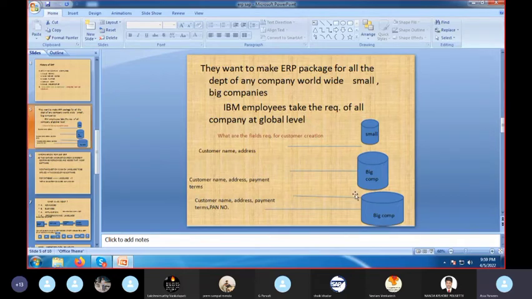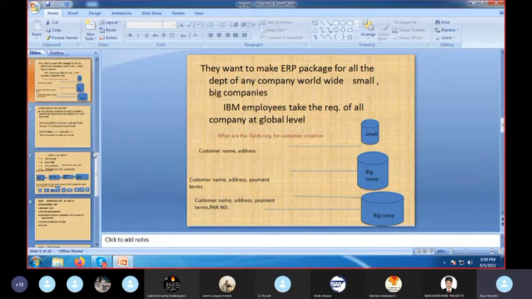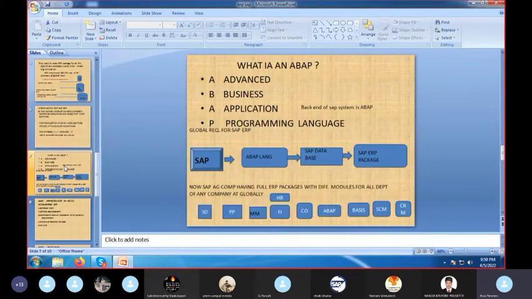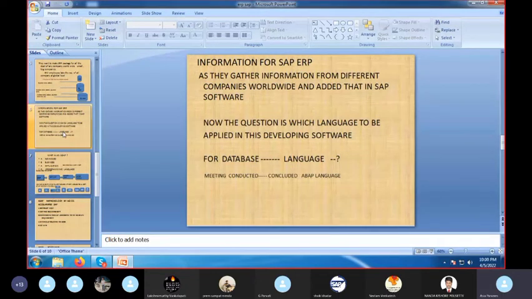And in another company, they want customer name, address, payment terms and PAN number. In this way, they gathered different types of information for SAP ERP.